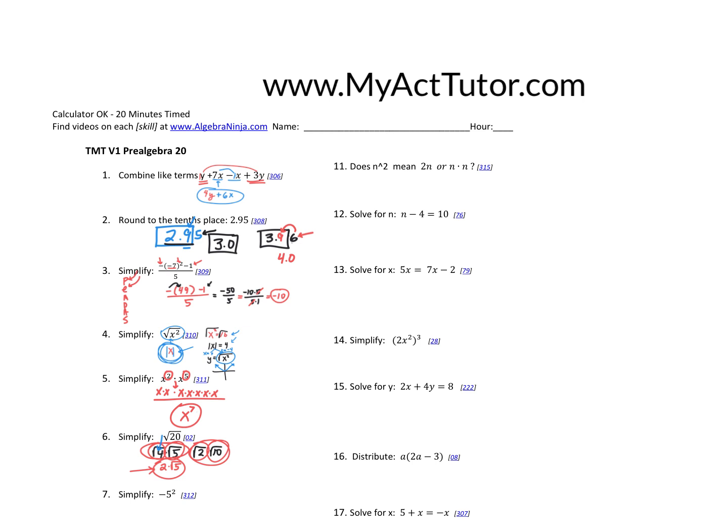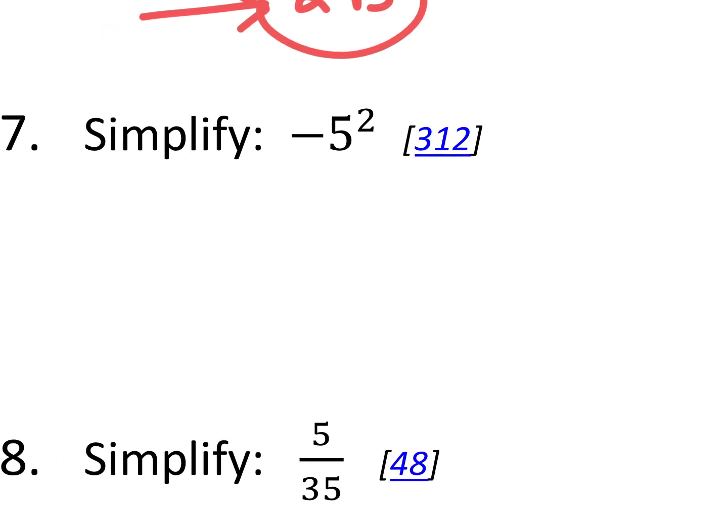For skill 312, amazing how many people think that this is 25. I know some people are going to say, I'm positive it's 25, but it's not. And the thing that you're assuming, if you think it's 25, is that this means negative 5 times negative 5, but it doesn't mean that.